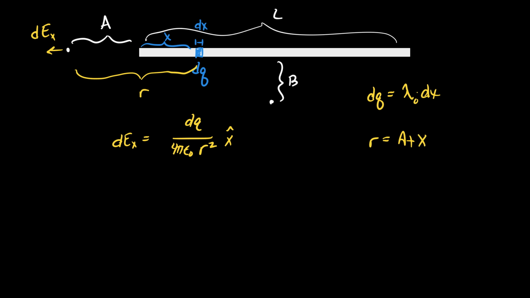That all good? All right, then that's it. dE equals lambda dx over 4 pi epsilon naught, a plus x squared.